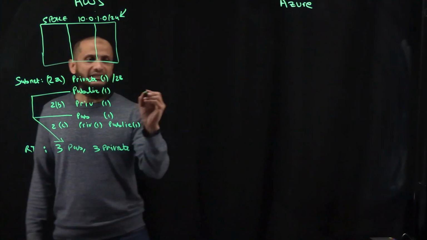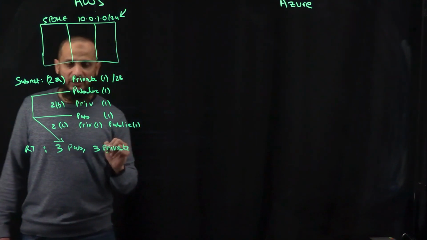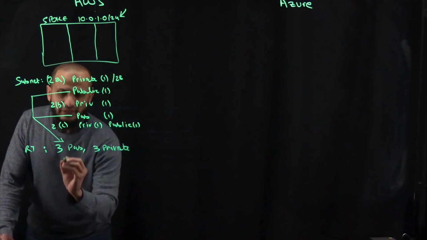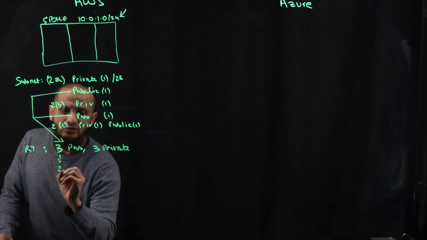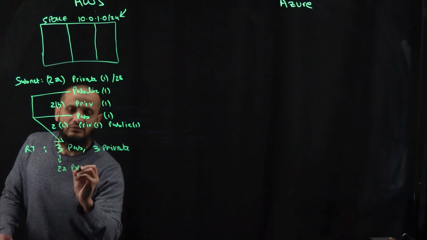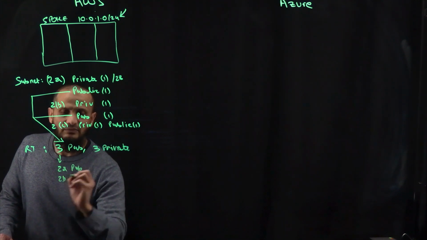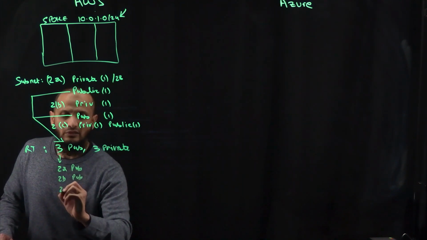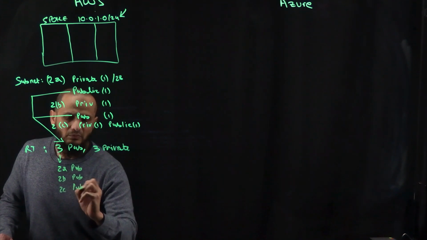If I just wanted to write it down over here, these 3 could be something like 2A public, 2B public, and 2C public.